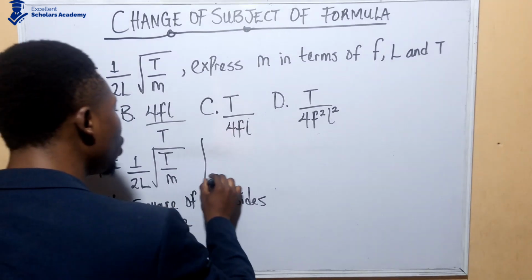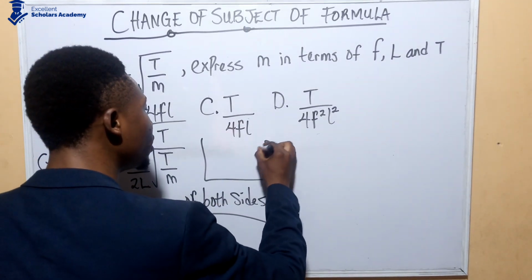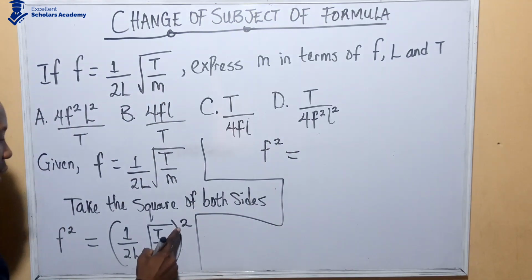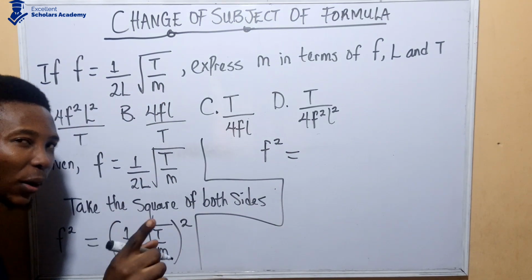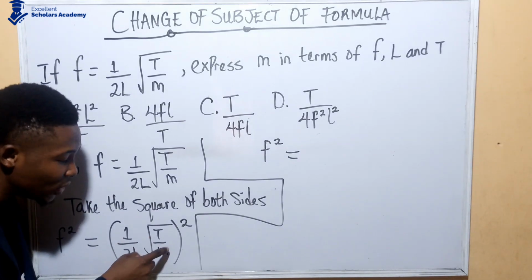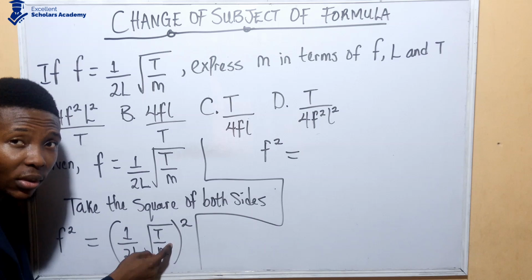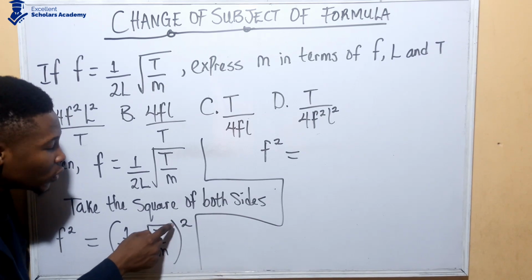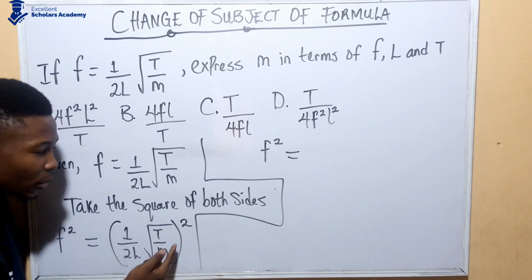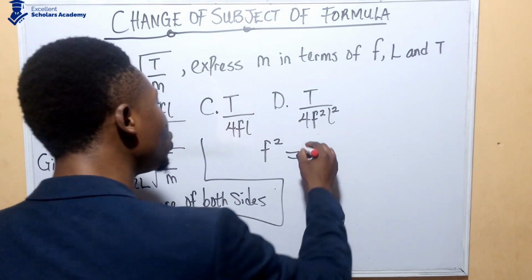Now watch closely. This 1 over 2L is not under the square root. So the square is going to affect 1 over 2L, and it's just going to cancel the square root from T over M.